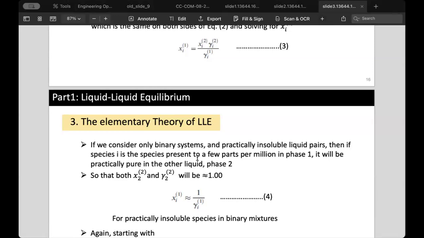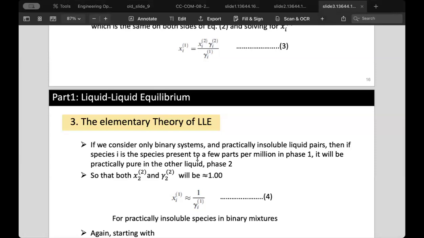For example, benzene and water. If you look at the liquid rich in benzene, the mole fraction of benzene approaches 1, because most of the component there is benzene, right?